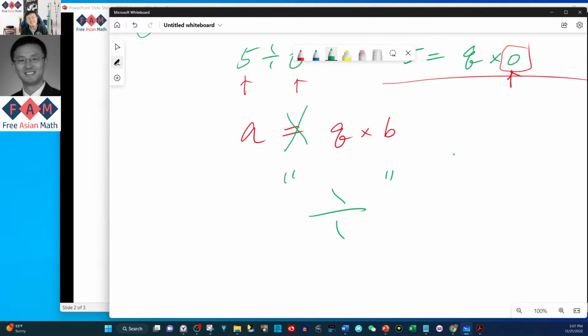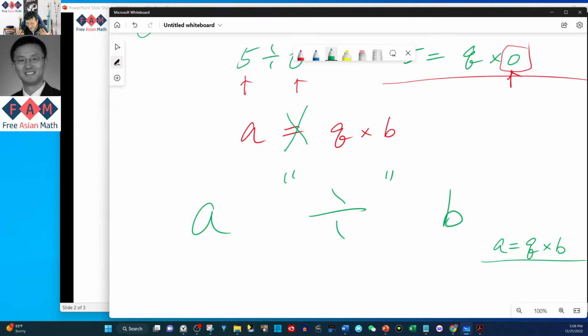And this is meaningful only if we can verify the dividend a is a multiple of the divisor b. And by multiple, we mean we can find another integer q such that q times b equals a. If we can find such a q in the first place, then this division operation is meaningful. Otherwise, it's not meaningful. We cannot even define that.